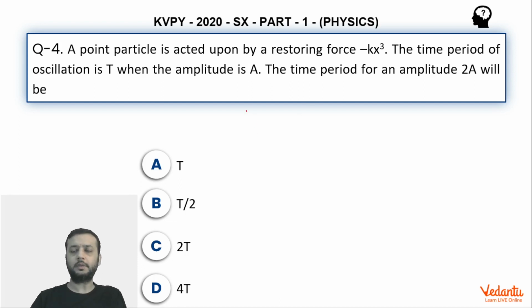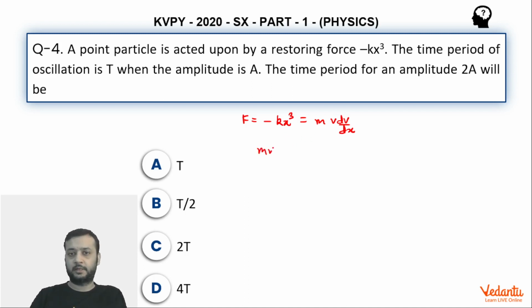Now, how do we do this question? Basically, we can say that force is nothing but minus kx cube, which can be written as mass into acceleration, and acceleration can be written as v dv by dx, since the motion is happening on one particular axis.